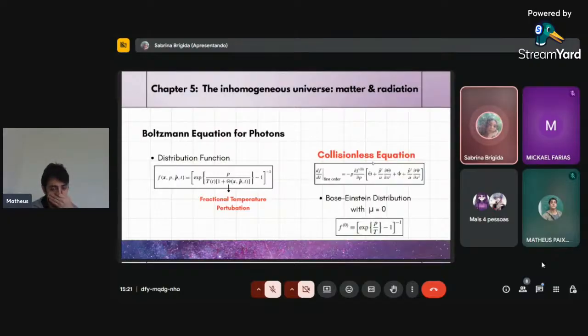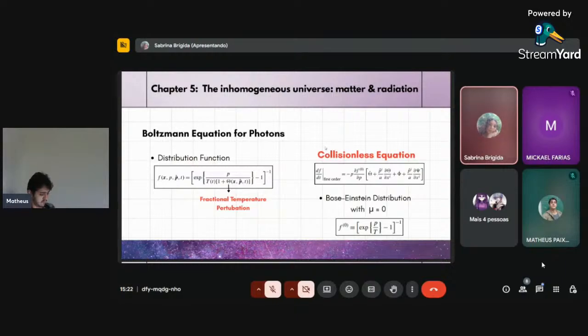But, however, this equation is not complete because for the first order in perturbation, we have a collision term that is not zero. So we have a Boltzmann equation for photons that have this collision term.